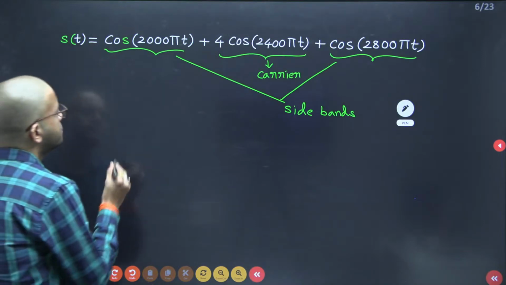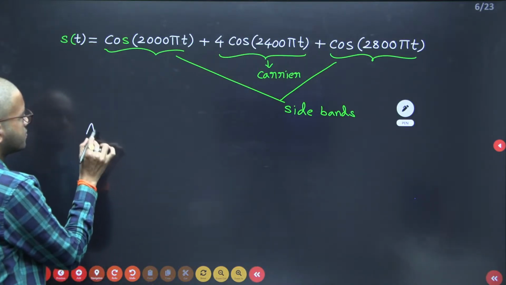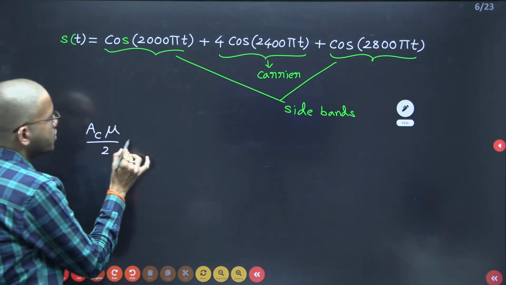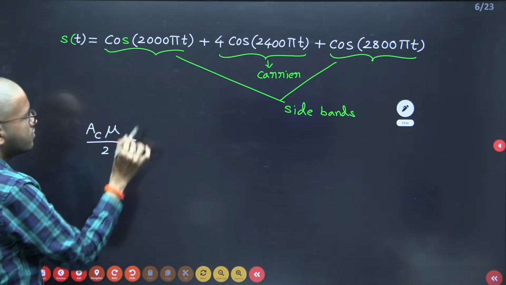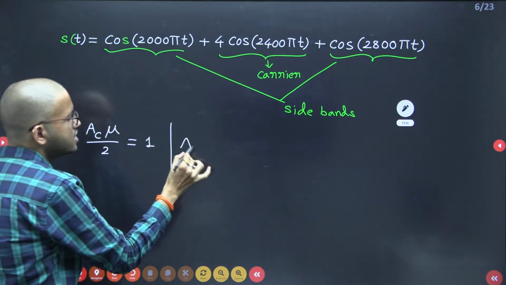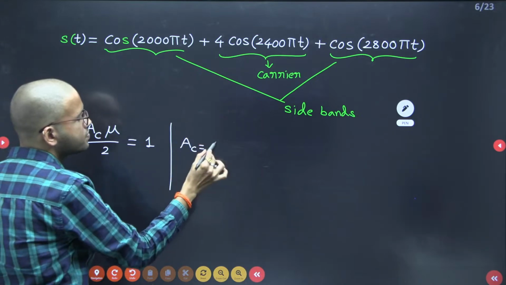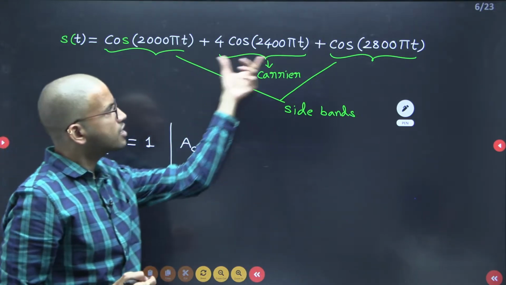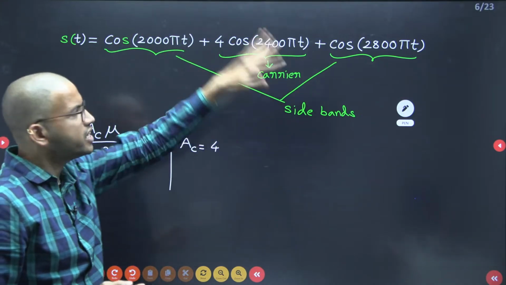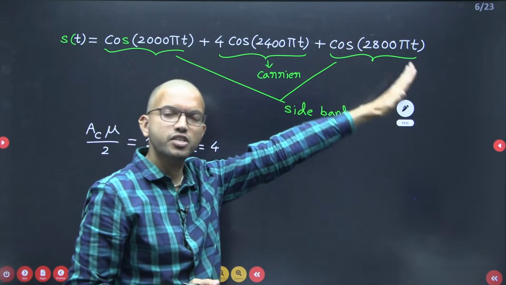So AC mu by 2 is nothing but 1, whereas AC is nothing but 4. See, this is the AC cos 2 pi fct format. Here AC mu by 2, here also AC mu by 2. After that, here you are having cos 2 pi into fc plus fm into t.